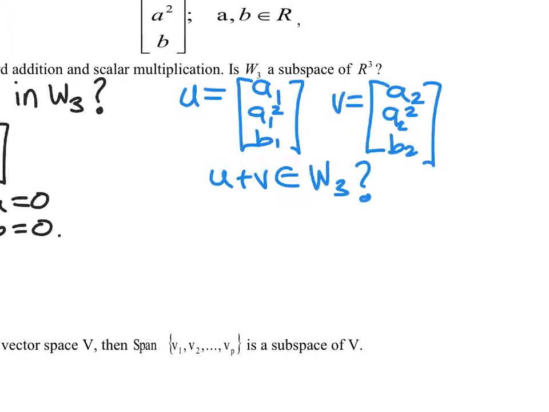And I want to know if the sum of U and V is going to be in the set, the vector space W3. So I add them together, and I see. U plus V.